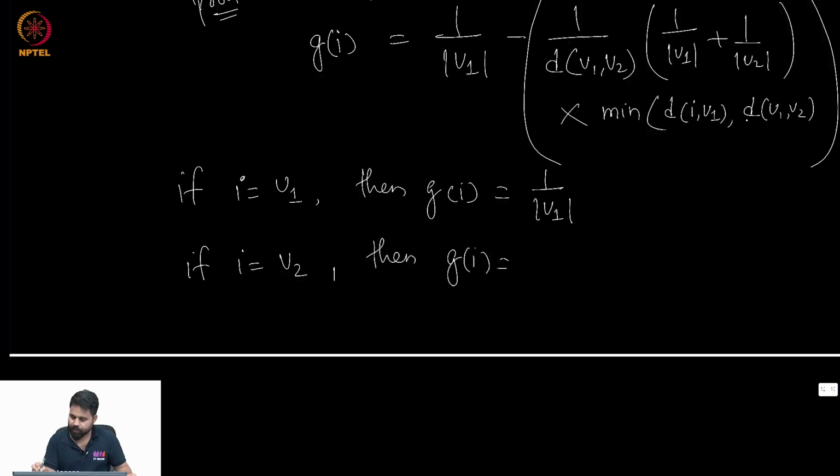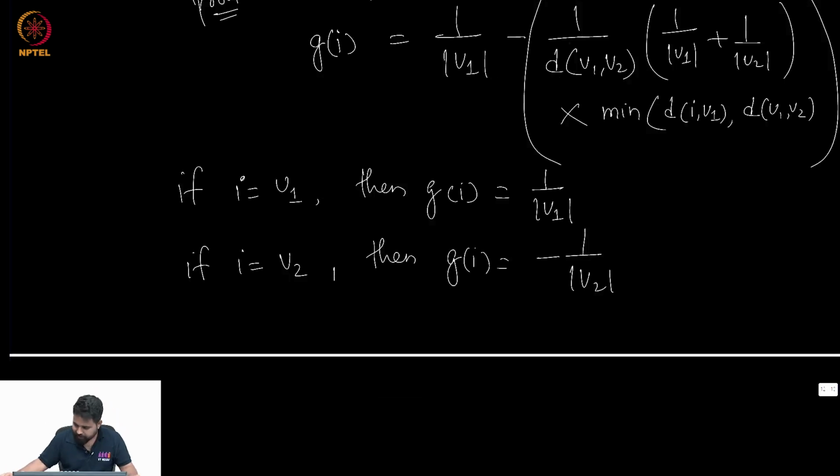Then gi is what? These two quantities are the same, but then the distance will be nothing but the distance of V1 and V2, which will cancel out with this distance of V1 and V2, so it will be 1, and then 1 divided by |V1| minus this quantity, so it will come out to be minus 1 over |V2|. Very good, till here everything is fine.